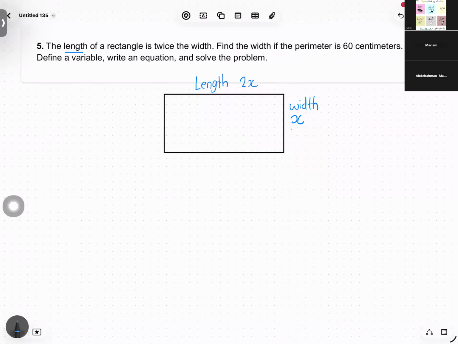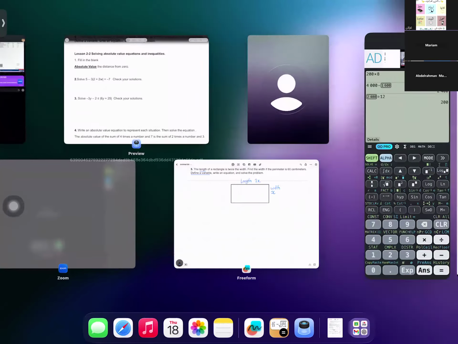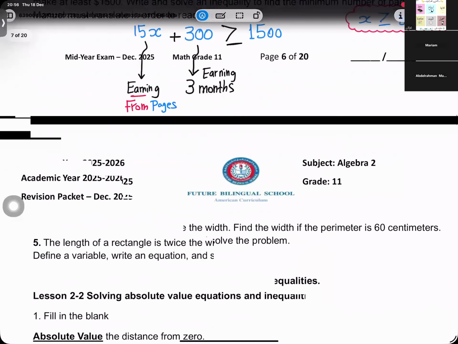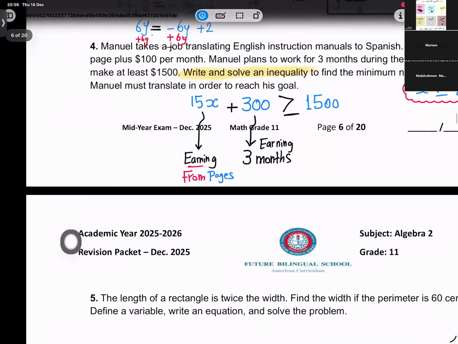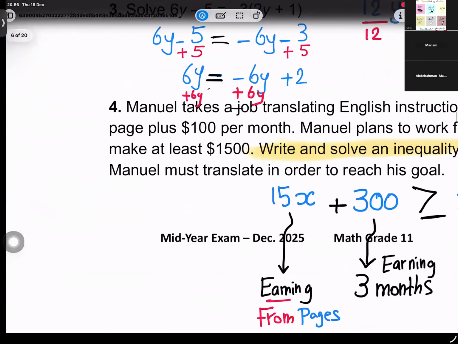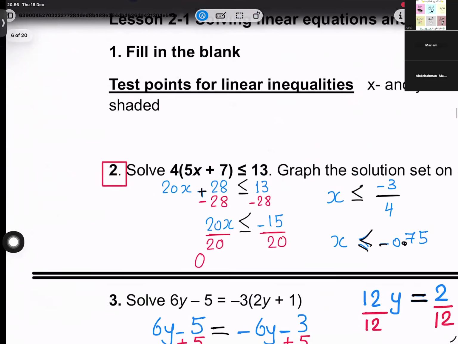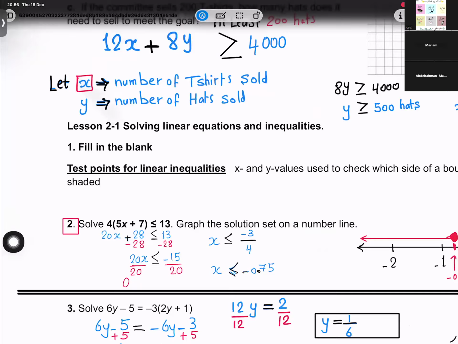Define a variable. It's very important to define the variable. By the way, in the past questions, even if it's not asked, like here, it's not asked to define a variable, just write and solve an equation. But we have to write on the side: let x be the number of translated pages, like we did here. You have to define the variable: x equals this, y equals that, and so on.